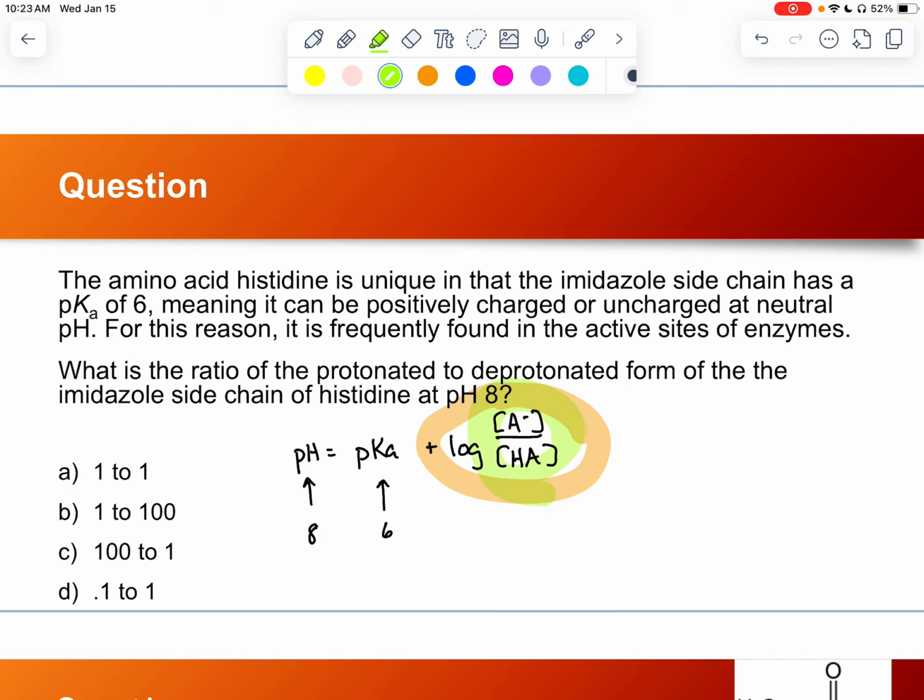And you could work it out mathematically, or you can think it through just logically. We want the ratio of protonated to deprotonated. Our pH is above the pKa, so we should have more deprotonated. And so we'll find we have a 1 to 100 ratio.